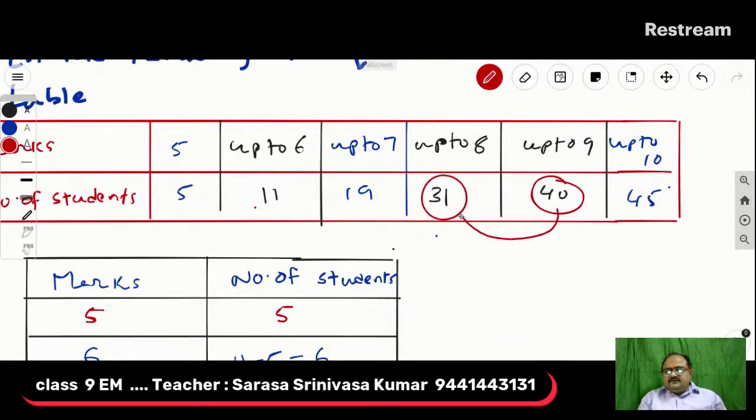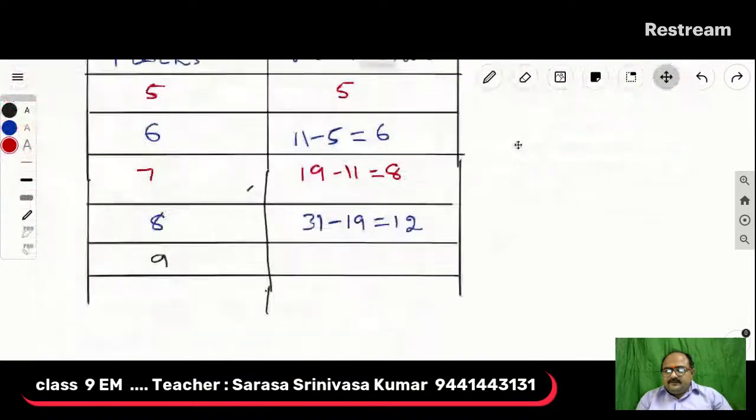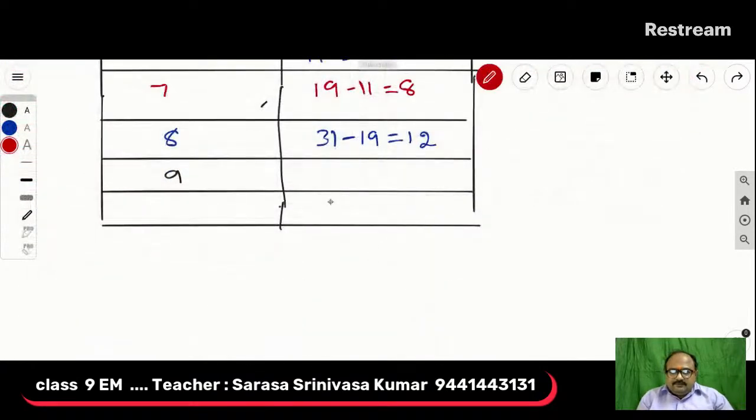The difference of these two, 40 minus 31, gives us the number of students who got 9 marks. So 40 minus 31 equals 9 students.